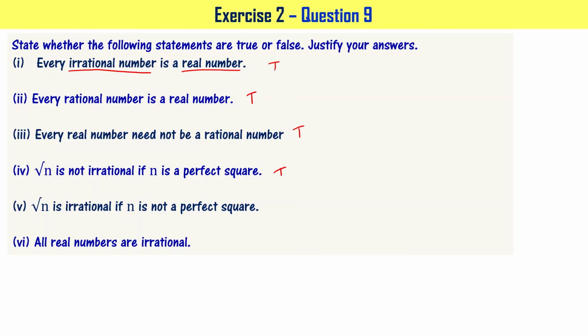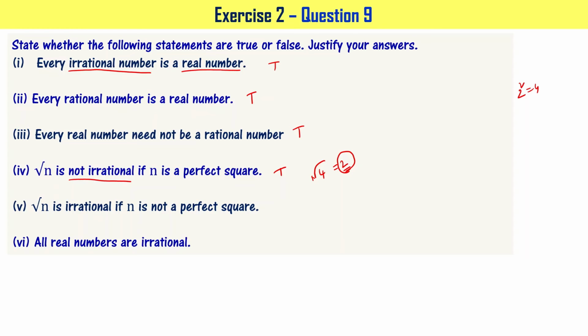The reason for this is, for example, square root of 4 is 2, right? If n is a perfect square, then square root of n is not irrational. 4 is a perfect square of 2. 2 square is 4. That's why square root of 4 is equal to 2, which is a rational number, right? That's why square root of n is not an irrational number if n is a perfect square.